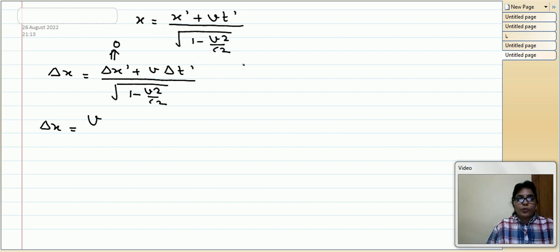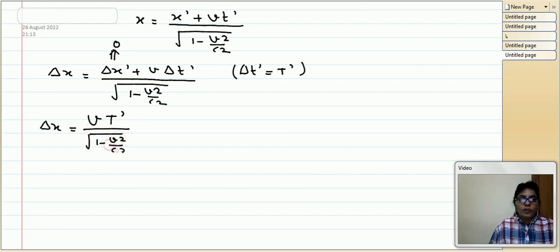So we can put delta t dash as T dash, the time period in the S dash frame. So delta x is equal to v T dash divided by under root 1 minus v square by c square. So this is one equation with us.